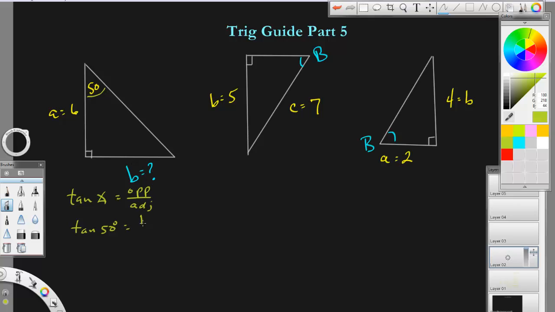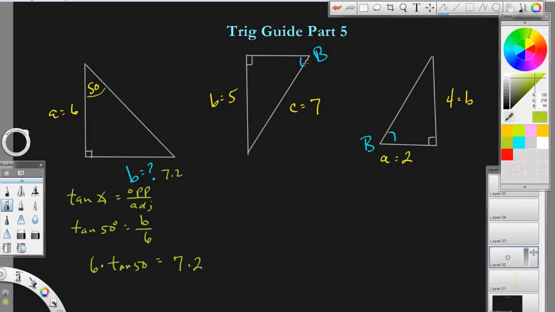Well, it's going to be b over 6. And if the number is on the bottom, you multiply. So it's going to be 6 times the tangent of 50. That is 7.2 units long there.